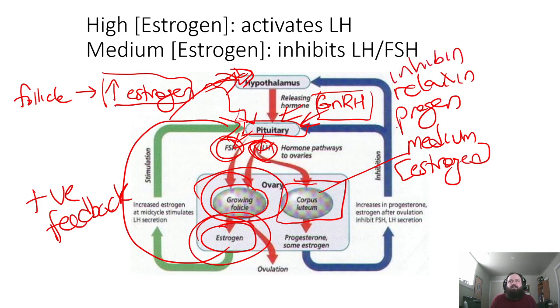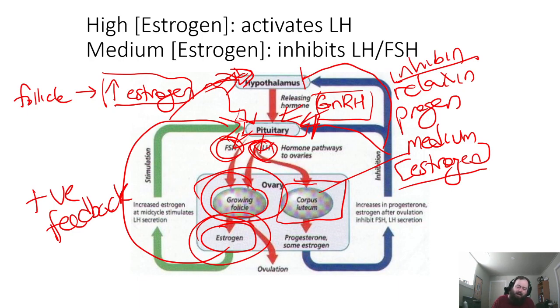The result of these hormones, particularly inhibin and this middling amount of estrogen, is that they actually go back and inhibit the anterior pituitary from producing FSH and LH, and they go back to the hypothalamus and inhibit the production of GnRH.